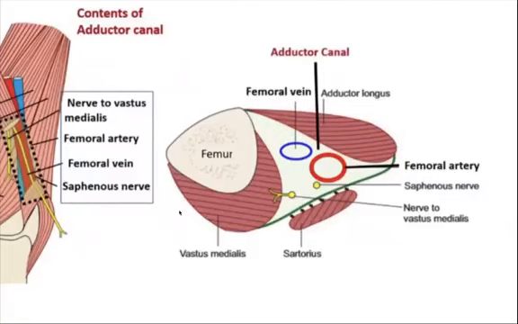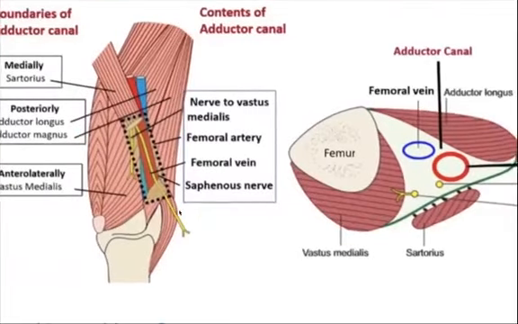What are the contents of the adductor canal? You have the femoral artery, the femoral vein, the saphenous nerve, and the nerve to vastus medialis. Is it clear?